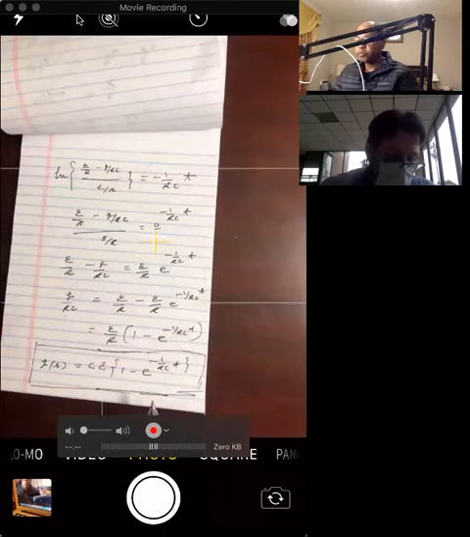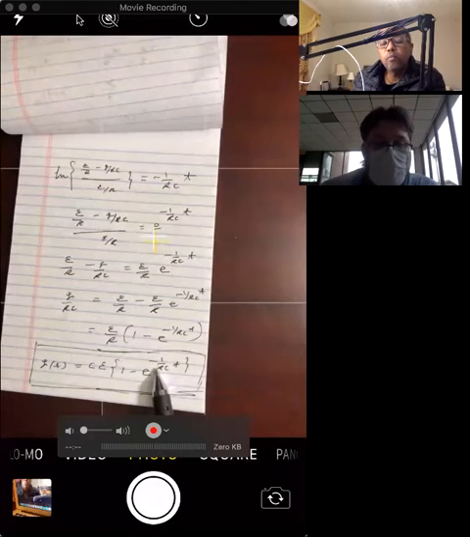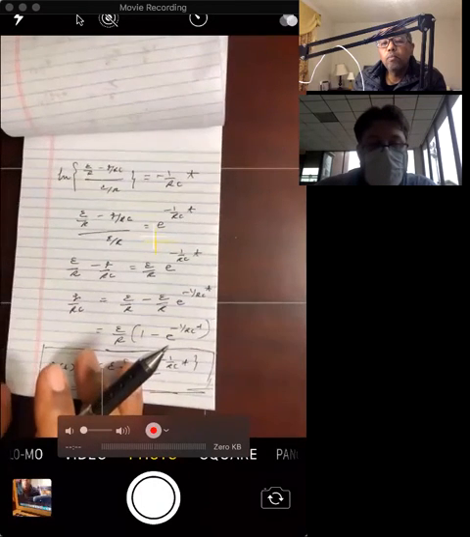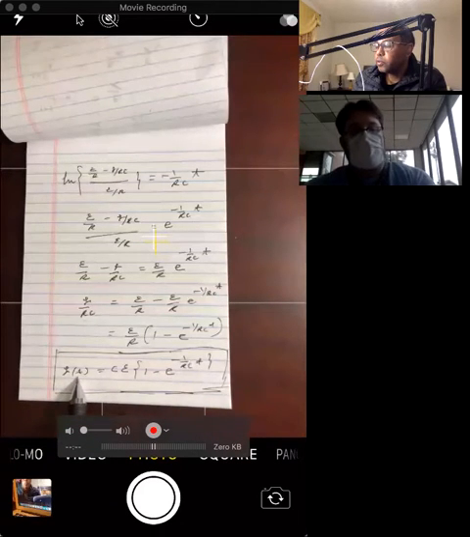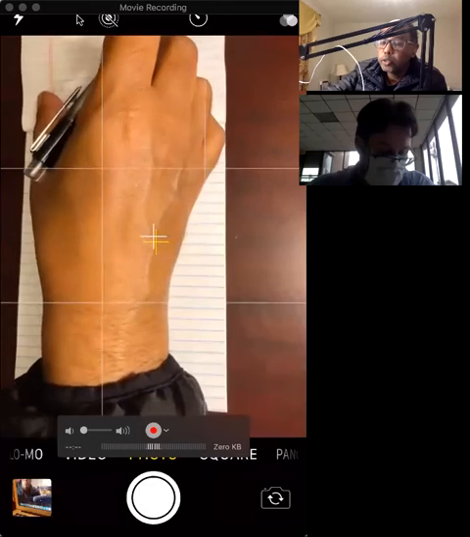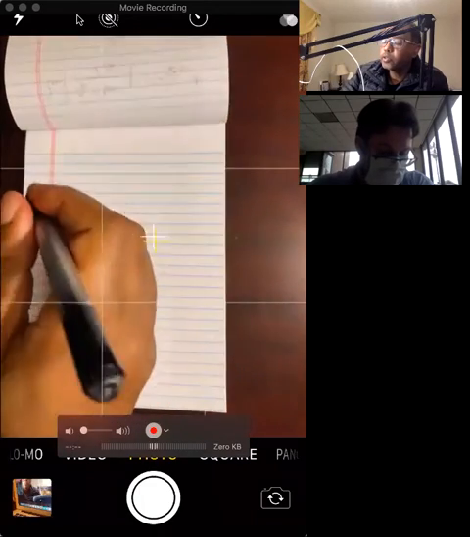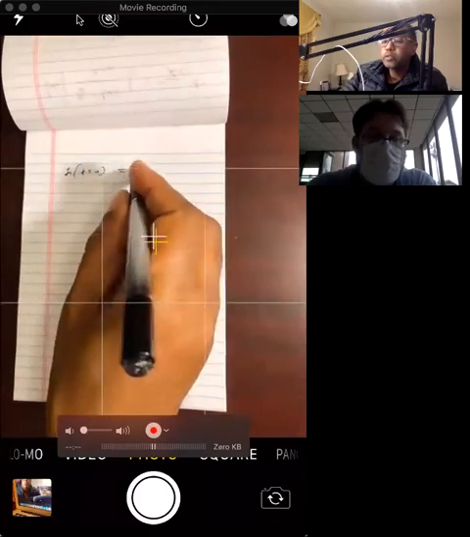At t equals 0, what's the value of this exponential? e to the power of 0 is 1, right? So q at t equals 0 is simply 0, 1 minus 1. We assume the charge is 0 at t equals 0, so q at t equals 0 is actually 0.